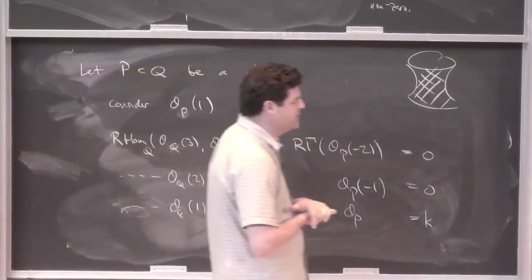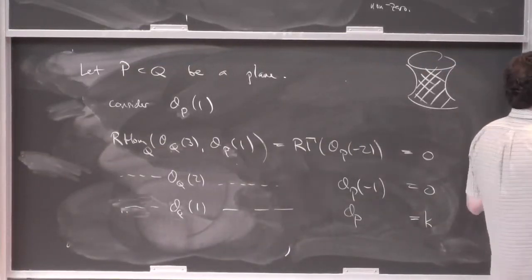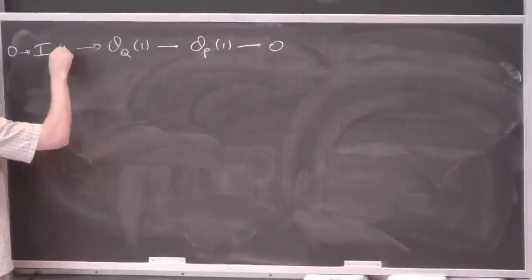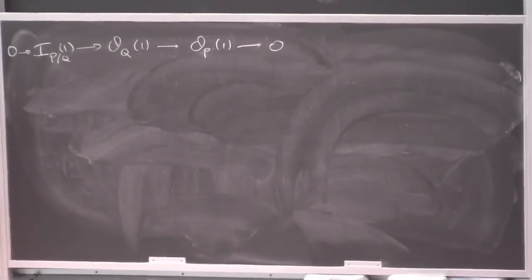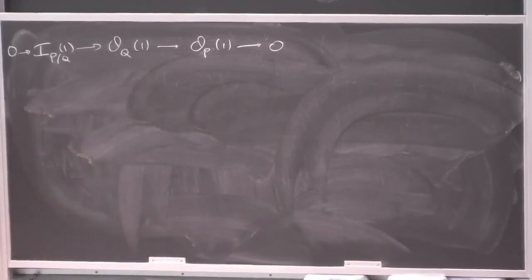If I didn't have the 1s there, I see you're all feeling shy. This is the ideal sheaf of P in Q, twisted by 1, right? Functions on Q that vanish when you restrict them to P are just the ideal of Q. And I twisted everything by 1 because I can.